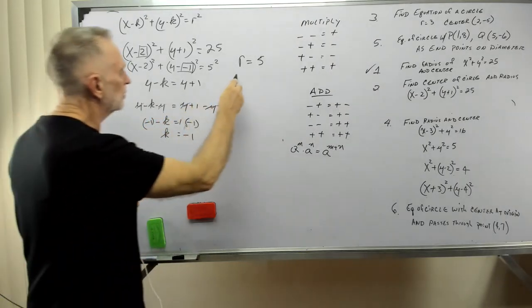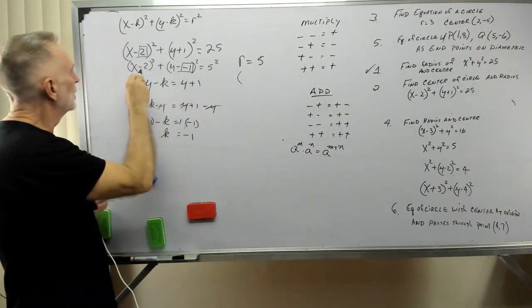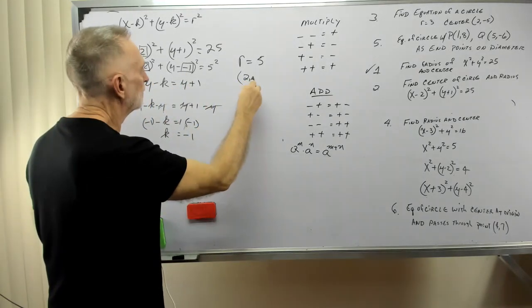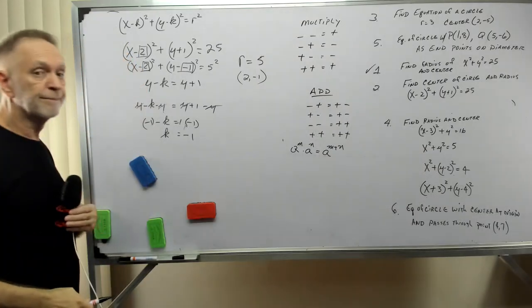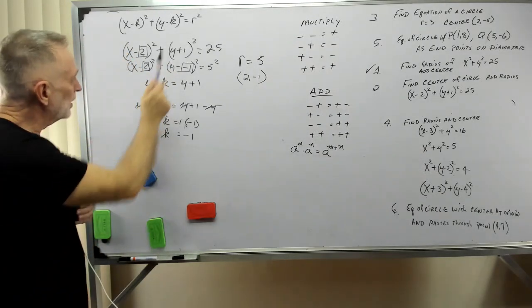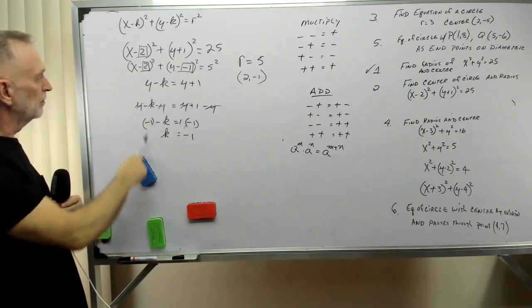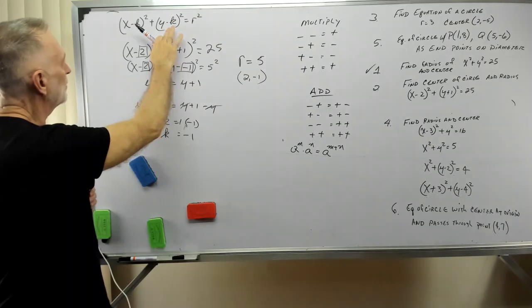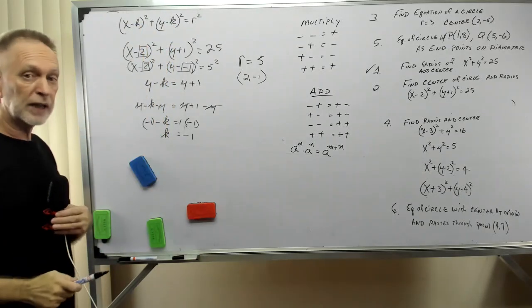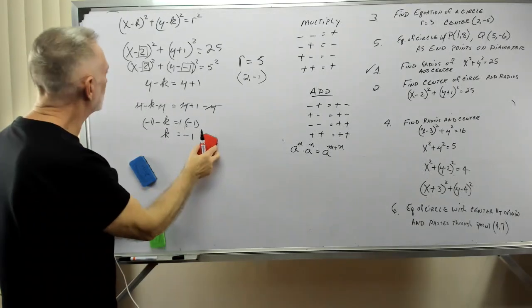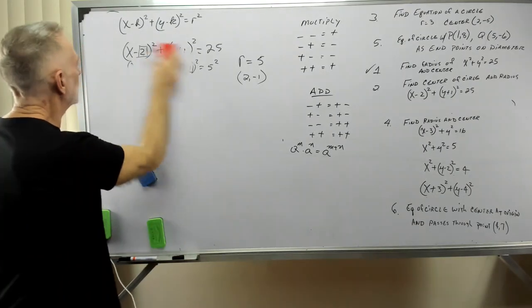So the center of my circle is 2 and negative 1. If I'm the teacher, they could do this right here and trip you up. But you can just say, okay, y plus 1 equals y minus k, solve for k. You can do it. All right, 2 down.